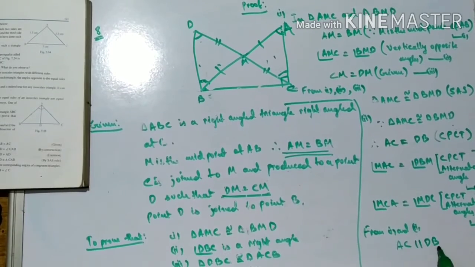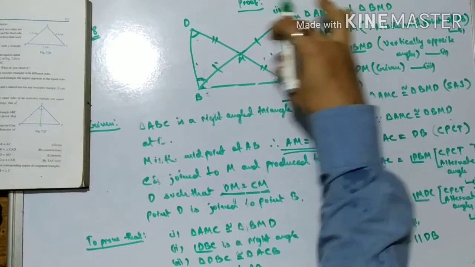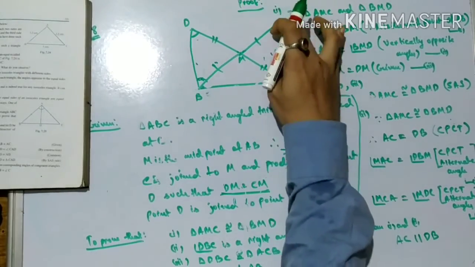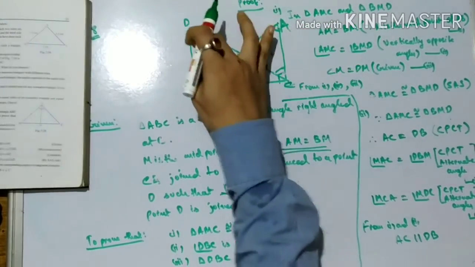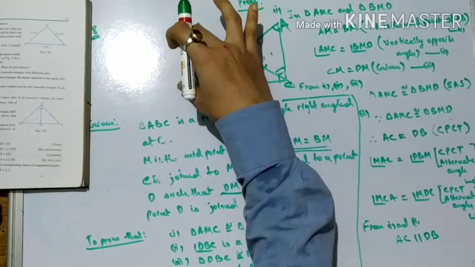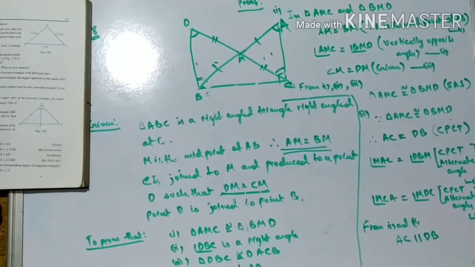You write DB parallel AC or AC parallel DB, same thing. This side is parallel to this side because this angle equals this angle and this angle equals this angle, so therefore this side is parallel to this side.